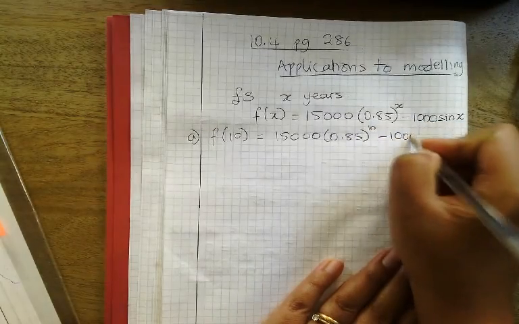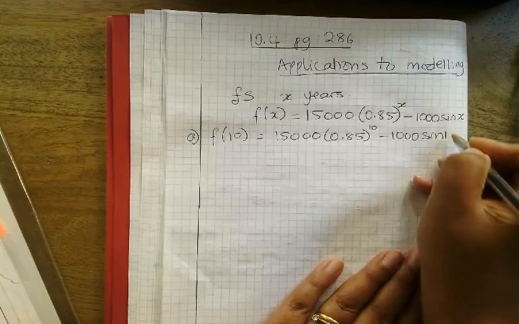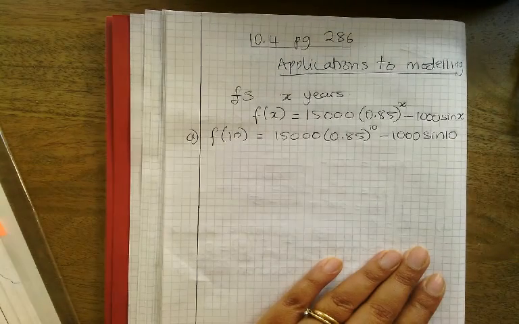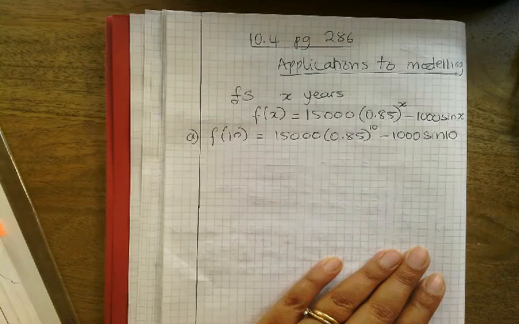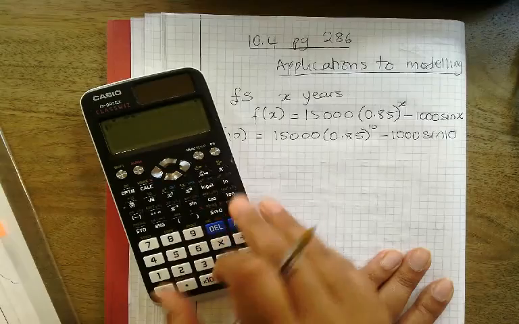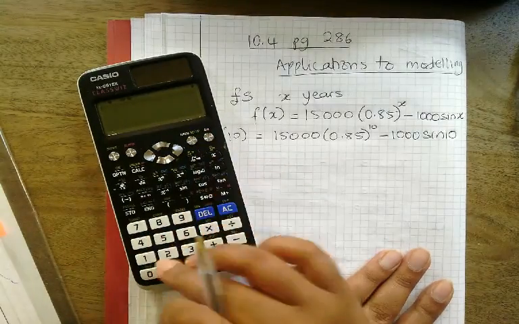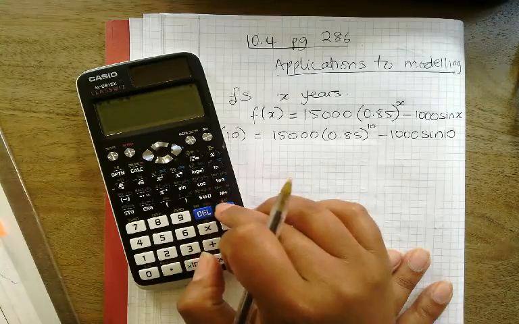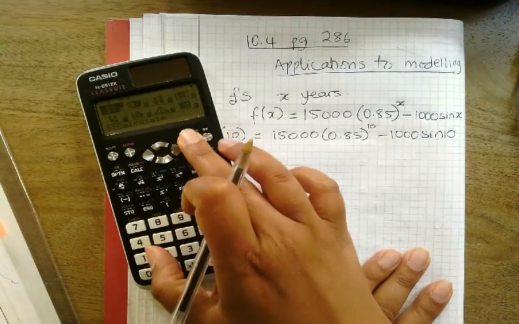That's 1,000 sine 10. Okay, and let's see what I get. So I'm going to have my calculator in radian mode.